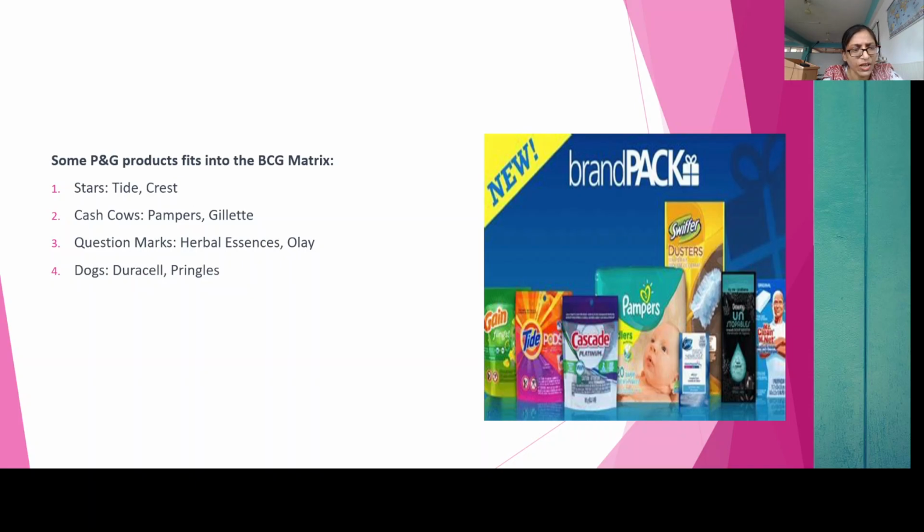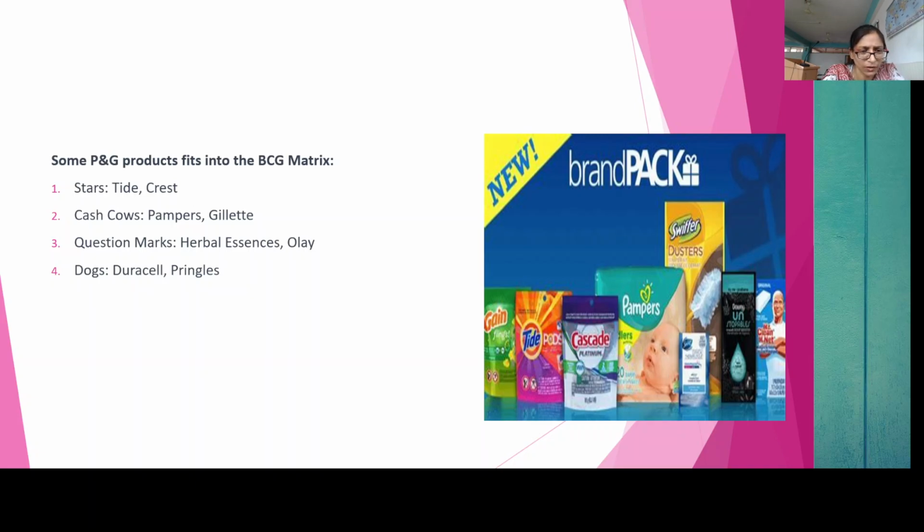Suppose for P&G also, in the star category, Tide and Crest are there. In cash cows, very popular Pampers and Gillette. Though they are in cash cows, the potential to grow is less, but they are holding a high relative market share.